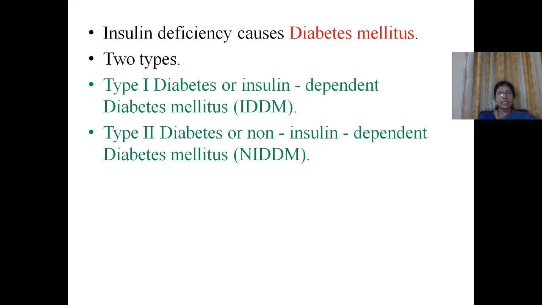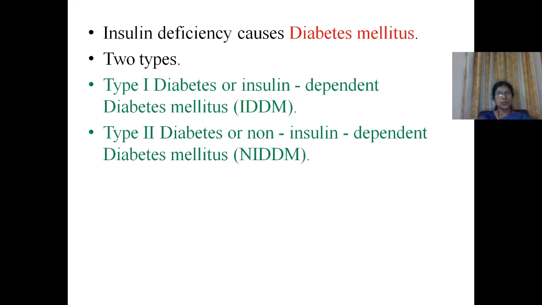So diabetes mellitus is of two types. Type 1 diabetes, also called insulin dependent diabetes mellitus, shortly IDDM. The second is type 2 diabetes or non-insulin dependent diabetes mellitus, NIDDM. Type 1 diabetes occurs by the deficiency of insulin, which is caused due to total destruction of beta cells of the pancreas.